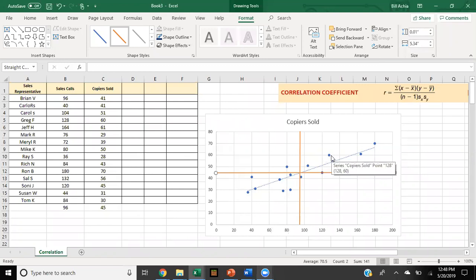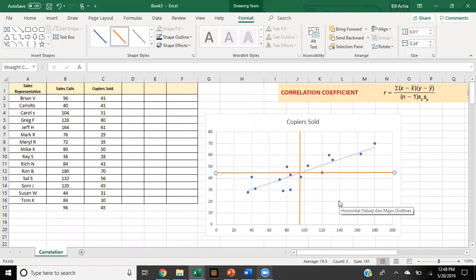If, on the other hand, we have a negative relationship where as one variable goes up, the other goes down, I'd expect to see a whole bunch of data values in the upper left-hand quadrant and in the lower right-hand quadrant. But in this case, I see that our data points fall mostly into the lower left-hand and the upper right-hand quadrants, and that tells me that we have a positive relationship.